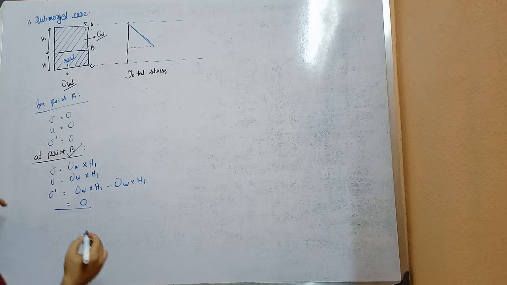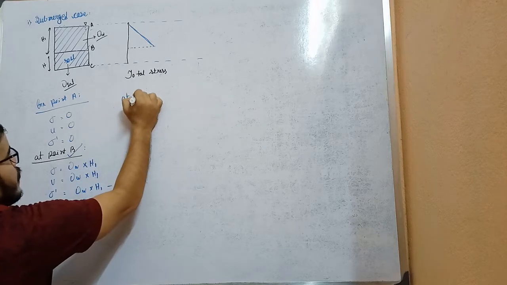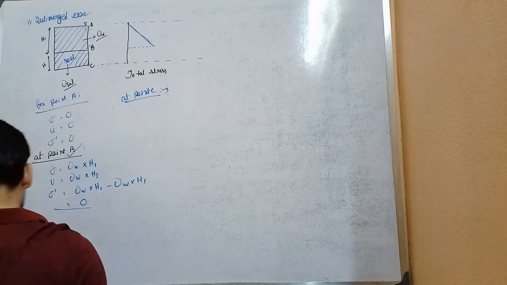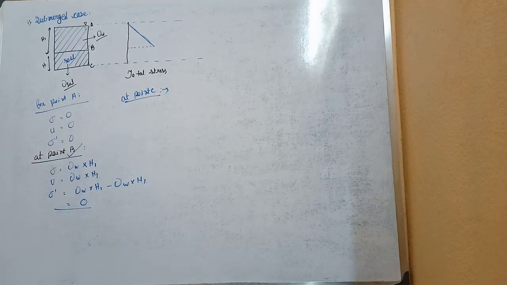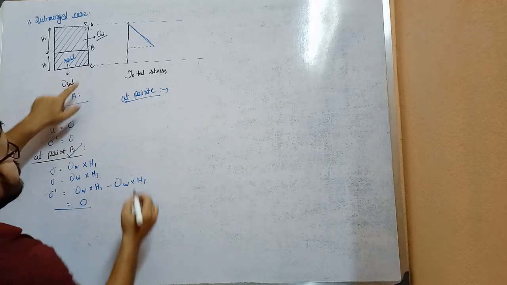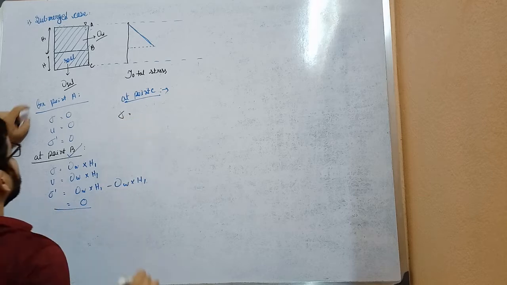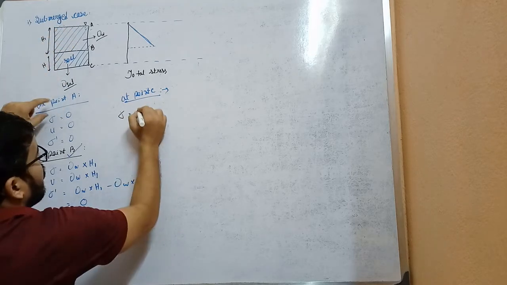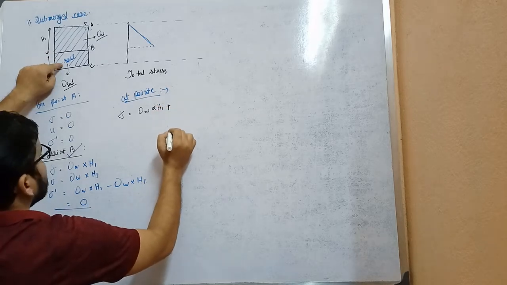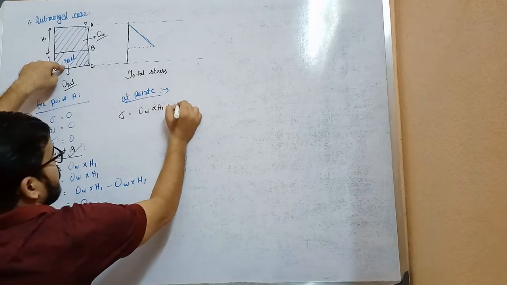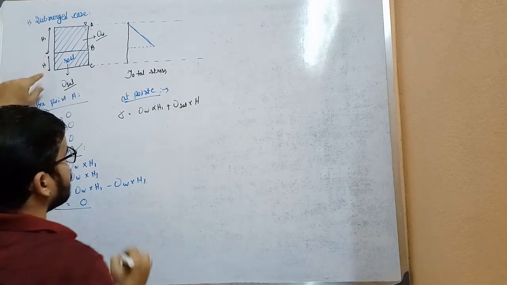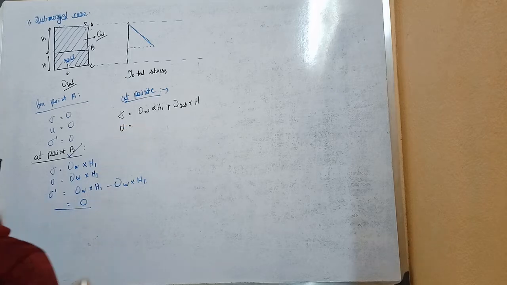And now at point C, what will happen at point C? At point C, total stress equals gamma W into H1 plus unit weight of the soil, gamma saturated into H. Okay, and what is the pore water pressure?